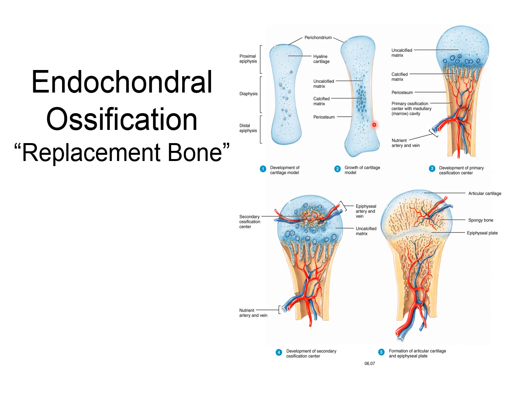At the same time, the model, that is the baseline of the cartilage, grows in size, and the cells in the center of the cartilage increase in size, and the matrix becomes mineralized by calcium and phosphate.